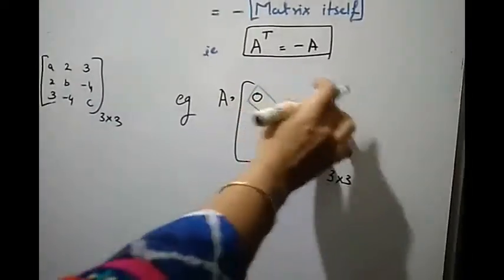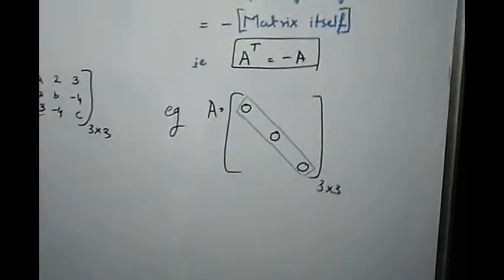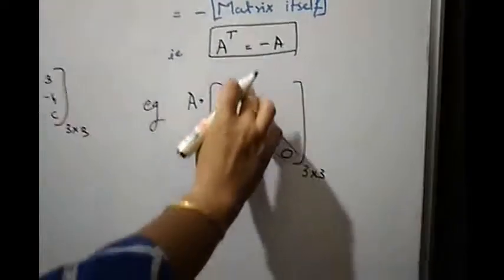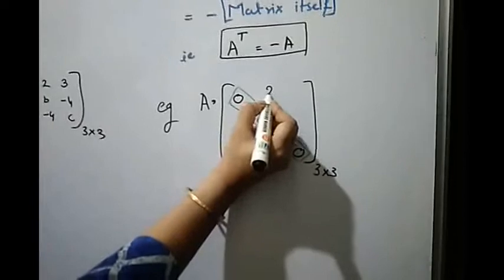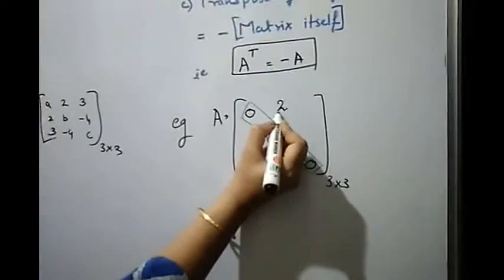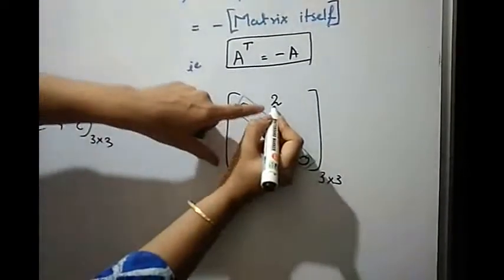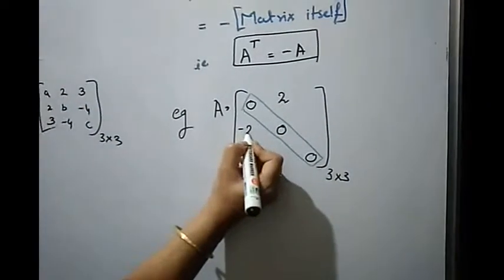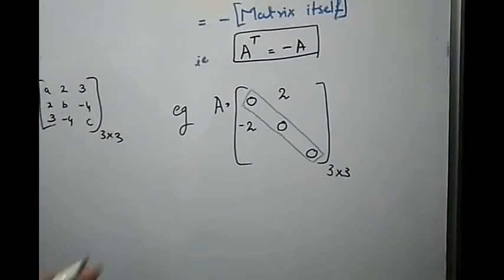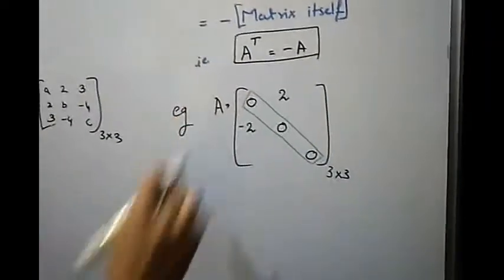Now I have to arrange the remaining elements in such a way that if I am taking 2 here, its position is first row, second column, then the reverse, second row, first column should be negative, that means the inverse of 2.